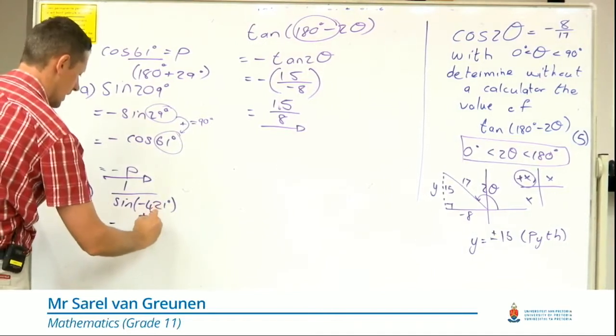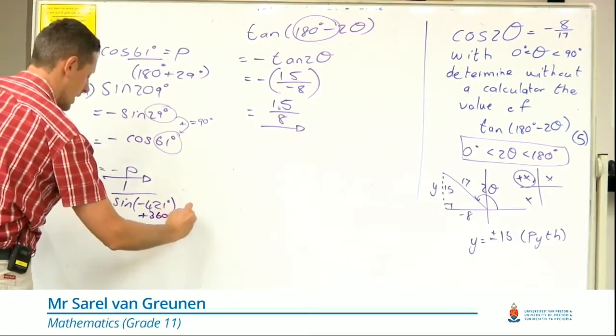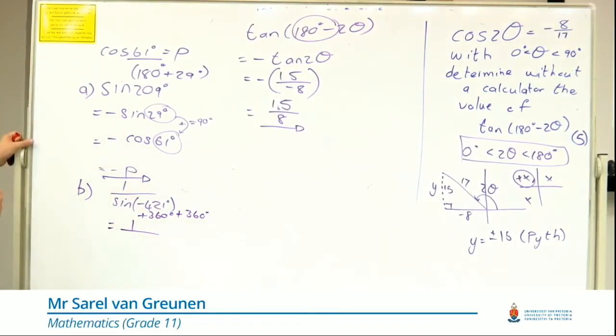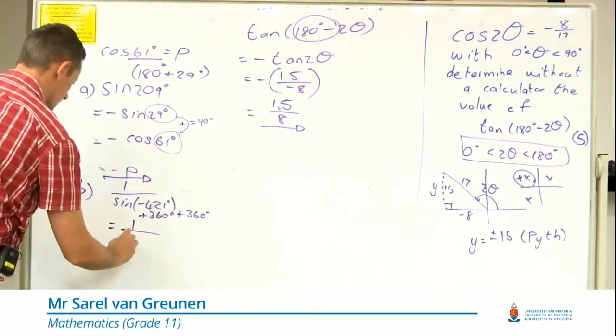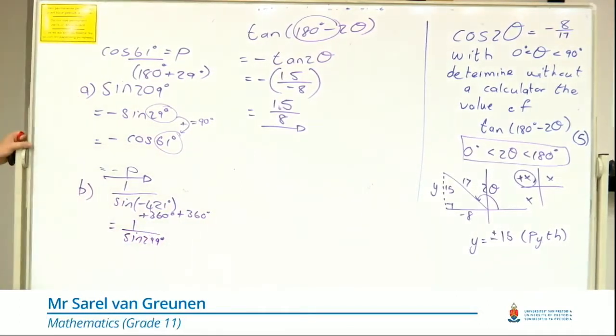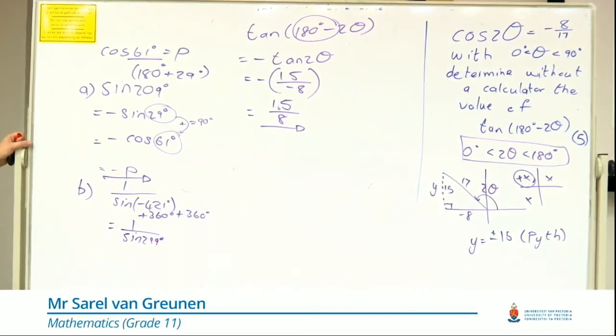So I'm going to add 360, I'm going to add 360 again. And this is going to give me, let me quickly do my maths, sine of 299.